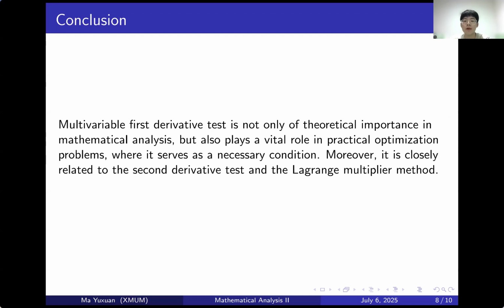We look for points where the gradient of the objective function agrees with the gradient of the constraint function. This simple yet powerful principle has a wide range of applications in machine learning, operations research, and so on.